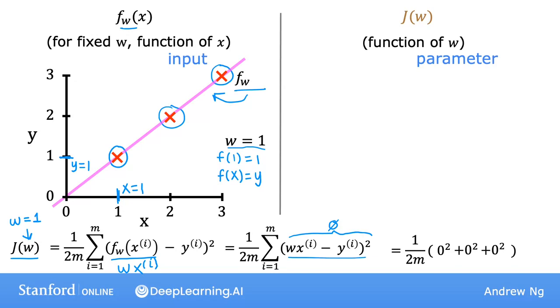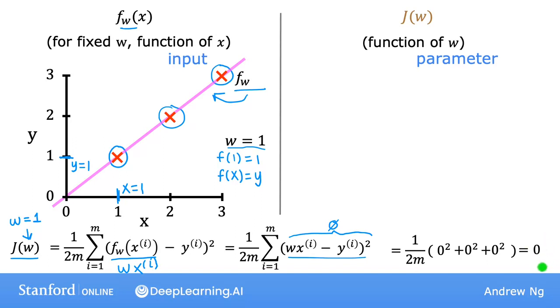So for all 3 examples in this training set, f of x_i equals y_i for each training example i. So f of x_i minus y_i is 0. So for this particular data set, when w is 1, then the cost J is equal to 0.